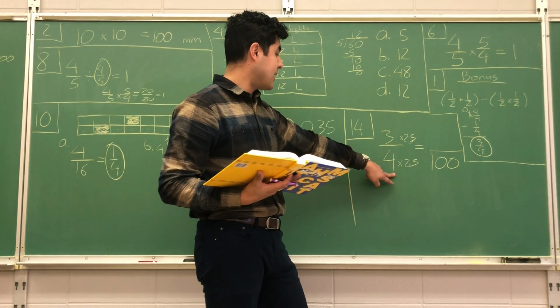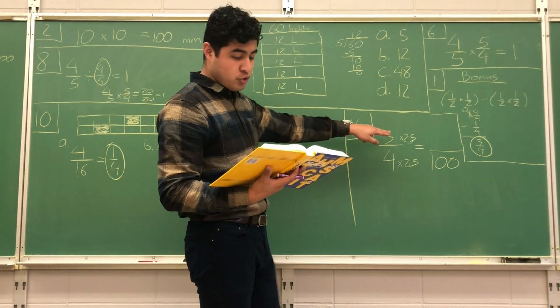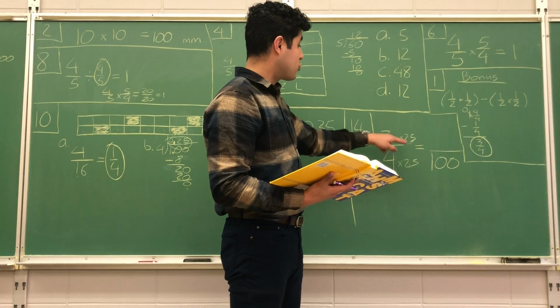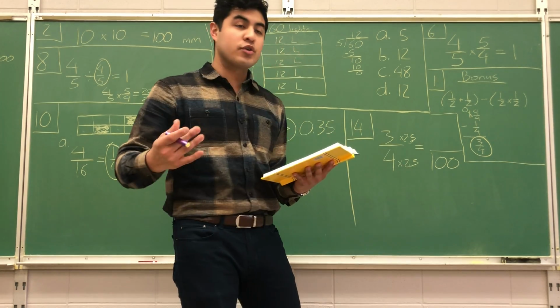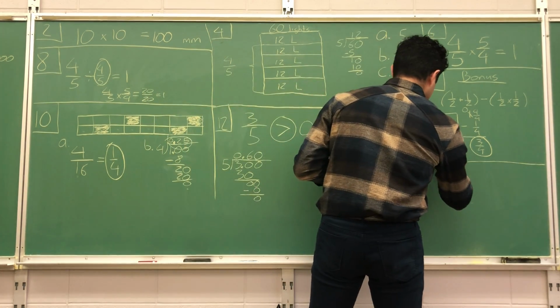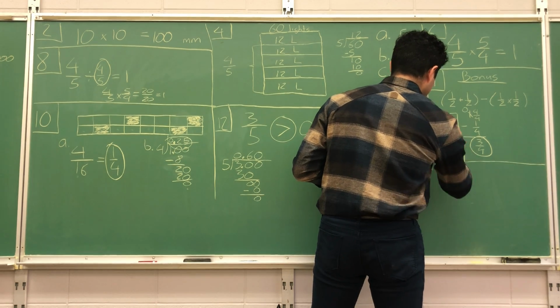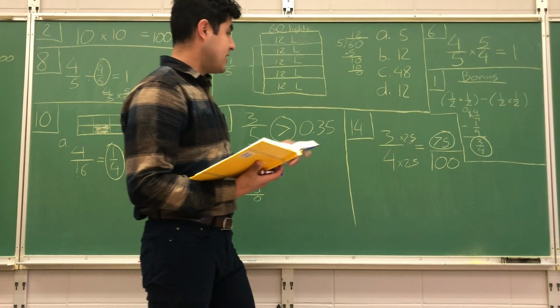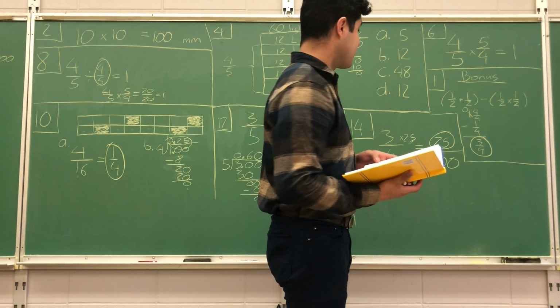So whatever I did to my denominator, I'm going to do to my numerator as well. So 3 times 25 equals, think of quarters, 3/4 equals 75 cents. So your final answer to problem number 14 is 75.